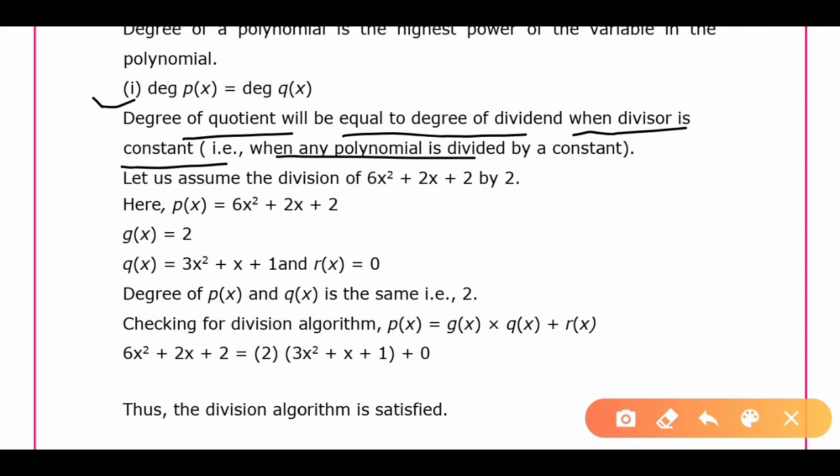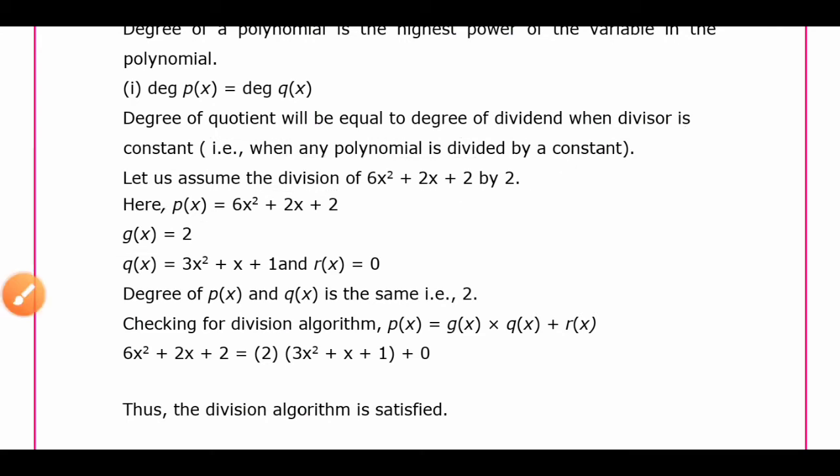When any polynomial is divided by a constant, let us assume the division of 6x square plus 2x plus 2 by 2. Here p of x is equal to 6x square plus 2x plus 2 and g of x is equal to 2.